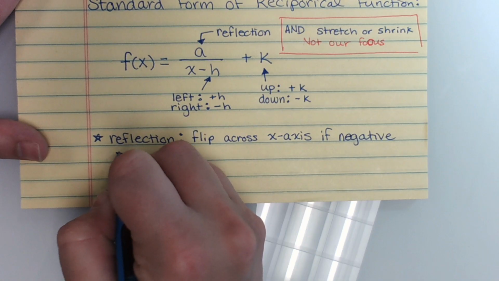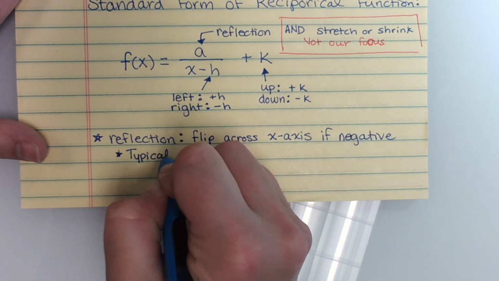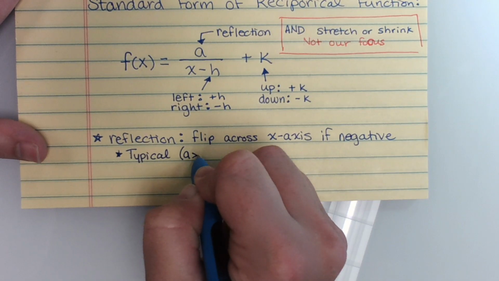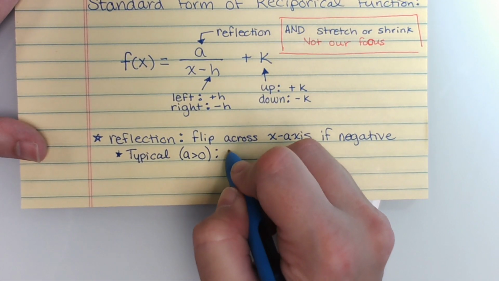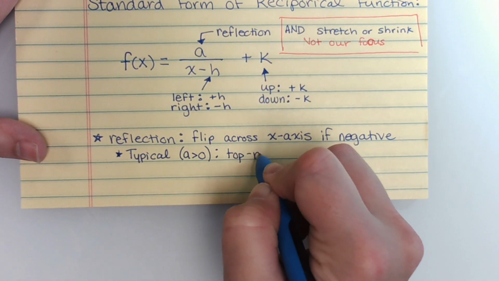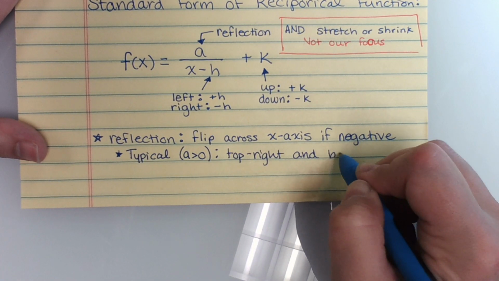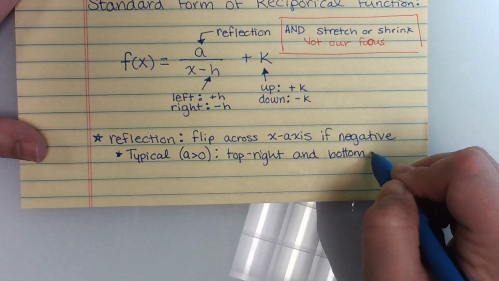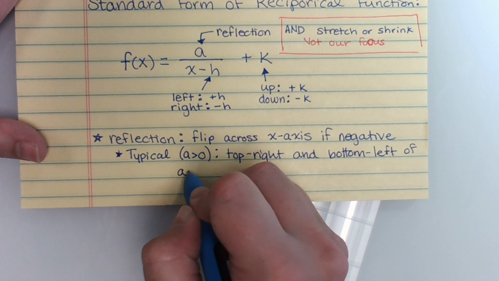Now, note when it's a reflection. The typical graph, in other words, when A is positive, the typical graph will be in the top right and bottom left of where the asymptotes are.